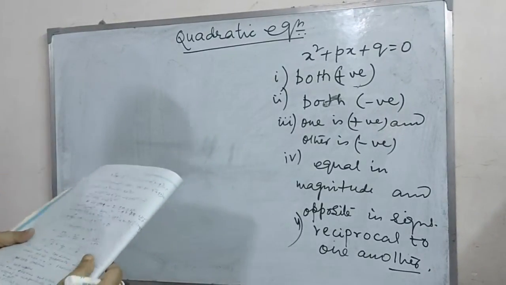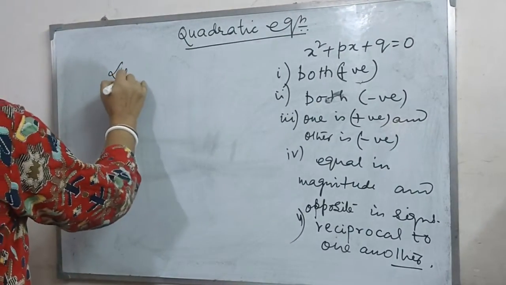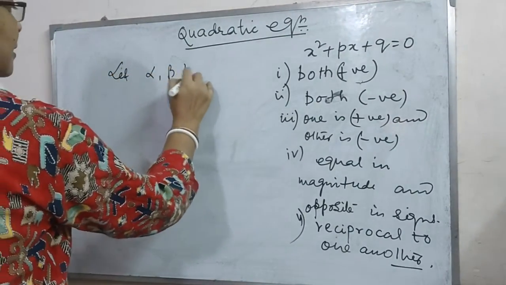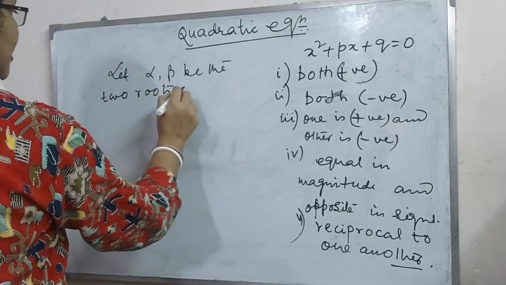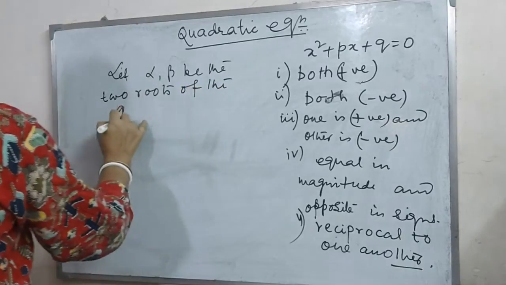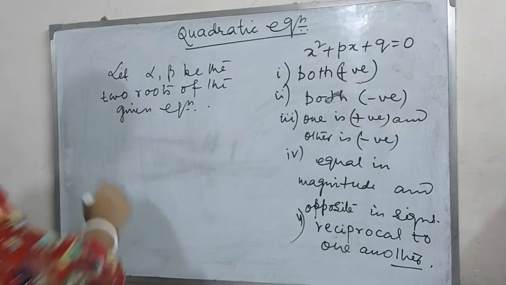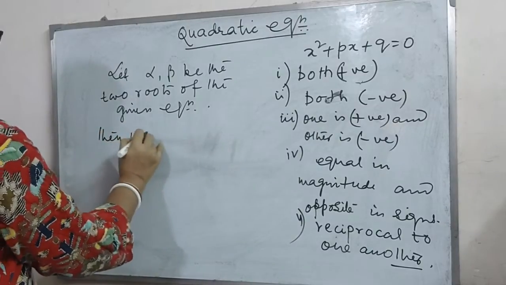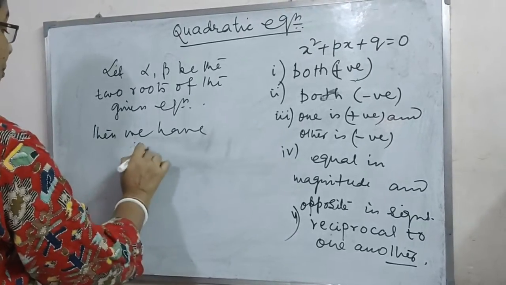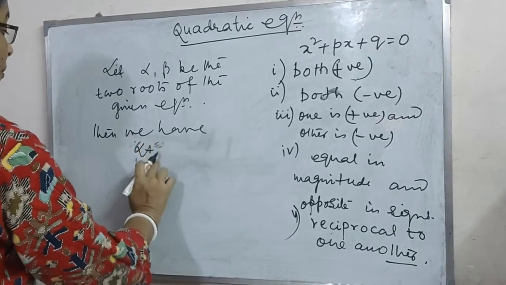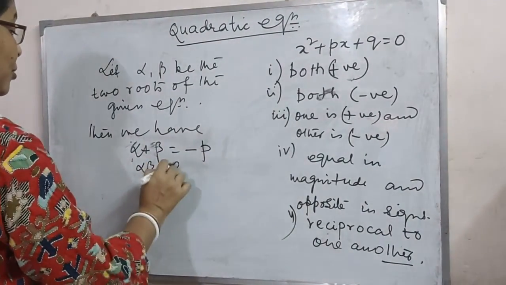For the first one, let alpha, beta be the two roots of the given equation. Then we have alpha plus beta equal to minus p and alpha beta equal to q.